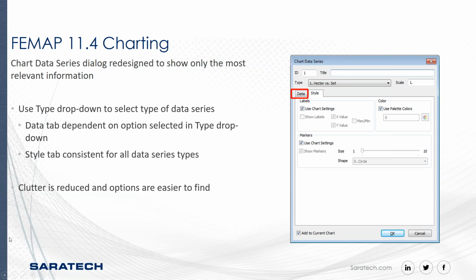So it reduces clutter and options are easier to find. With the data series, the data tab here, depending on the type that you select, the options will change. So I'll show that when I do the demo shortly. However, the style tab stays consistent.